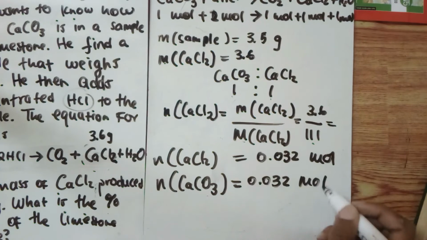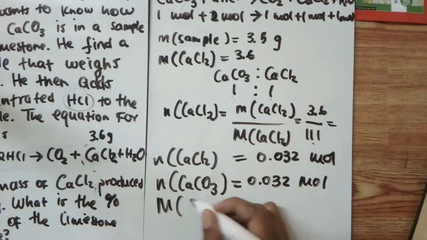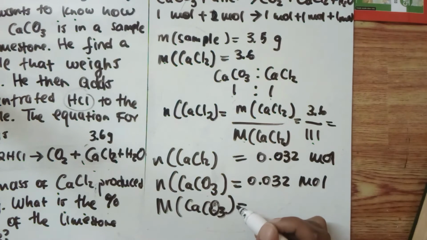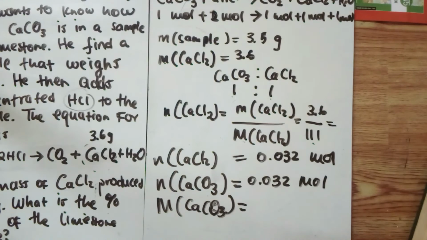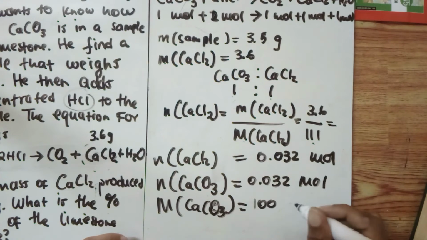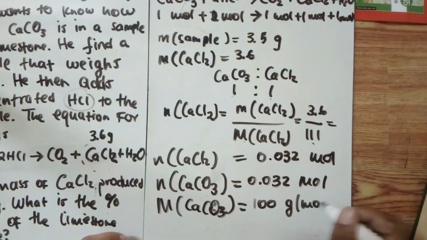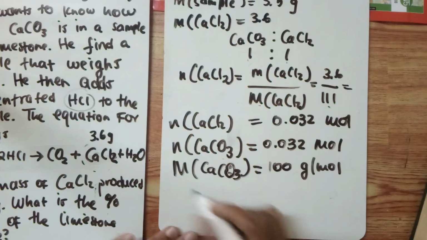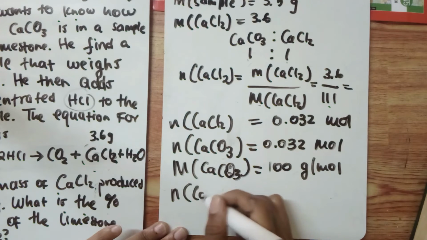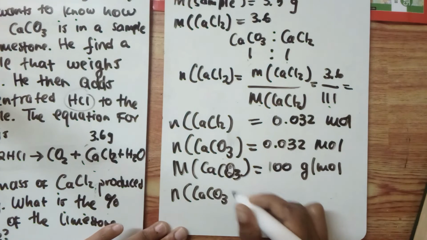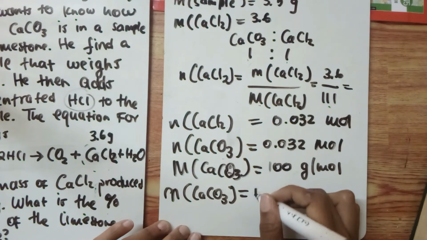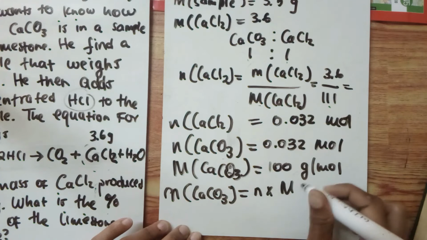Now we can find the molar mass of calcium carbonate using our periodic table, and that value is 100 grams per mole. So how do we find the mass? The mass of calcium carbonate is just the number of moles multiplied by the molar mass.